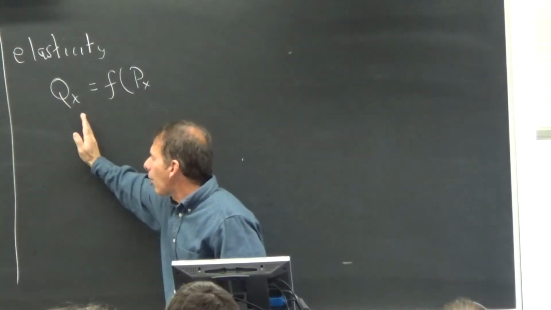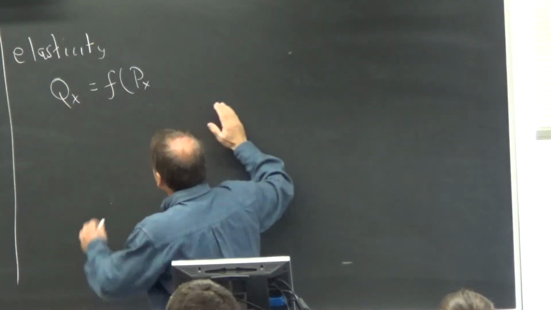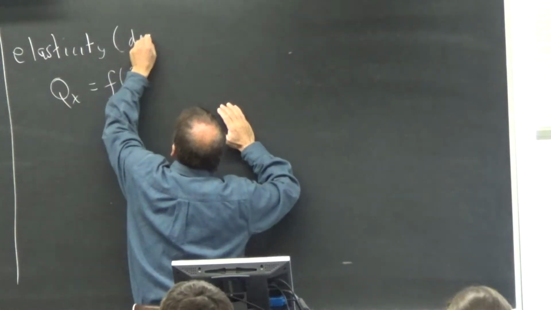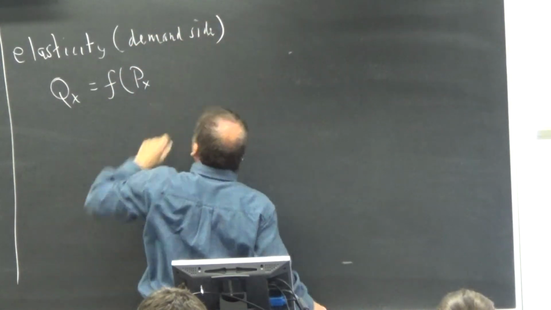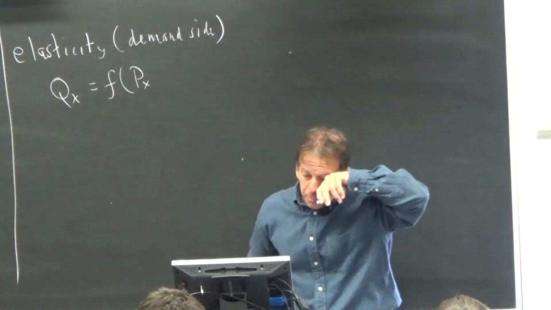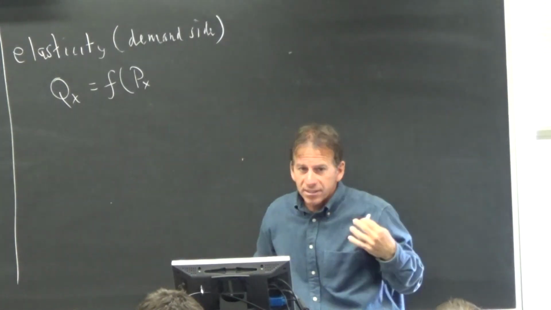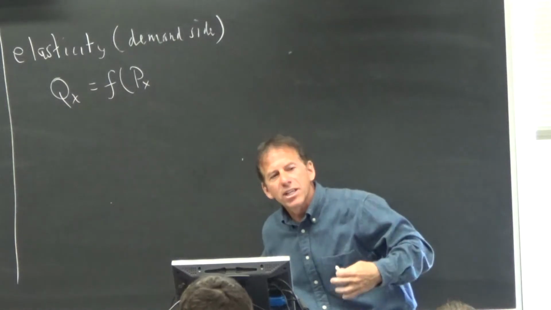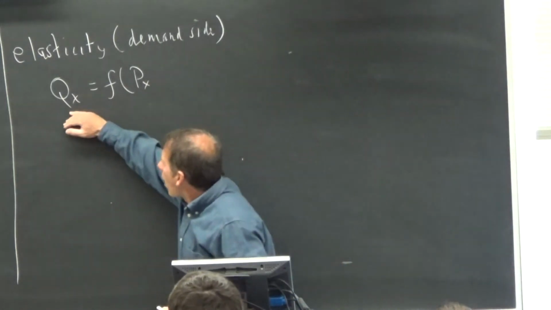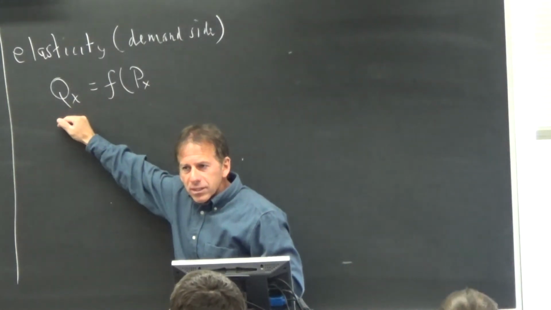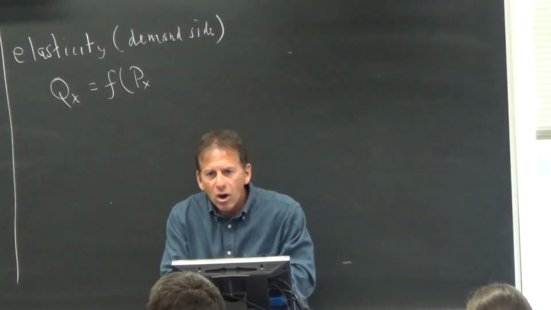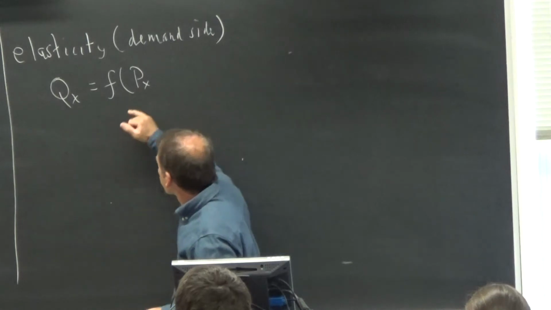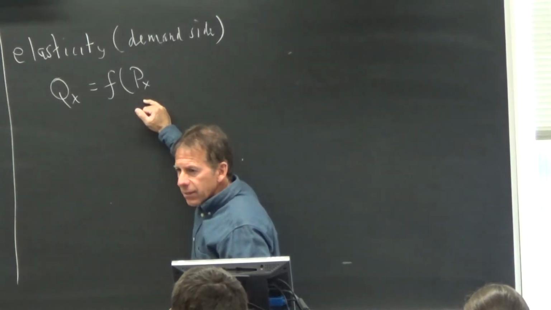Okay, all I'm looking at right now is elasticity, and I'm looking at it from the demand side. Although it's also relevant to look at it on the supply side, we're just going to focus on the demand side for elasticity. So the big question is, what causes this quantity, this Q, to change? And we said number one is the price of it.